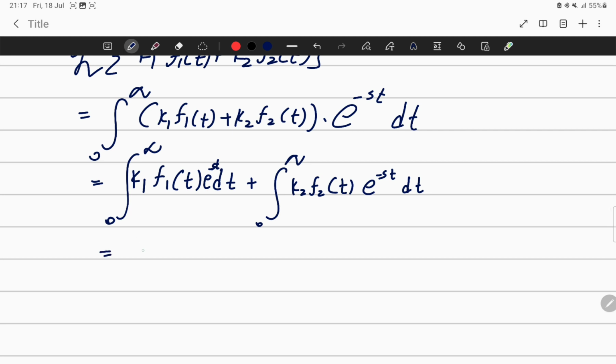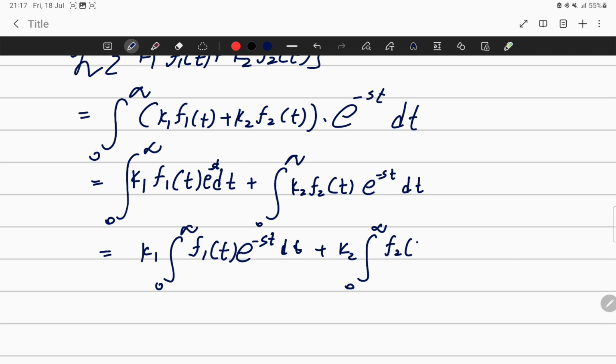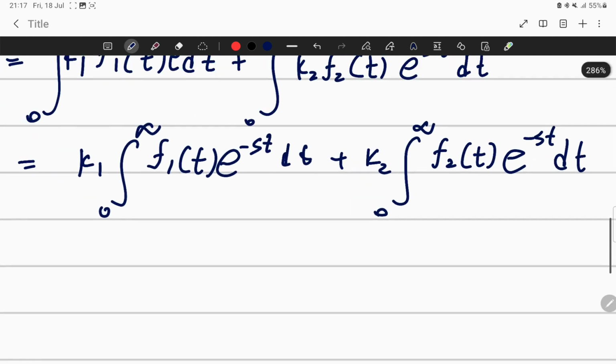Then since k1 is a constant, I can pull that out: k1 integral from 0 to infinity of f1(t) e to the minus st dt plus k2 integral from 0 to infinity of f2(t) e to the minus st dt.